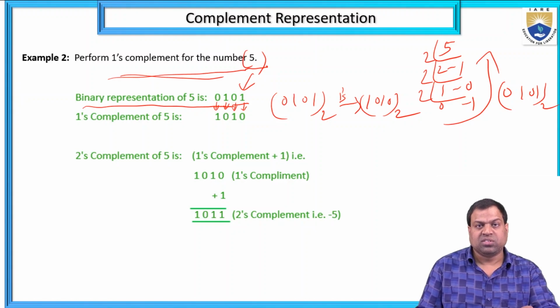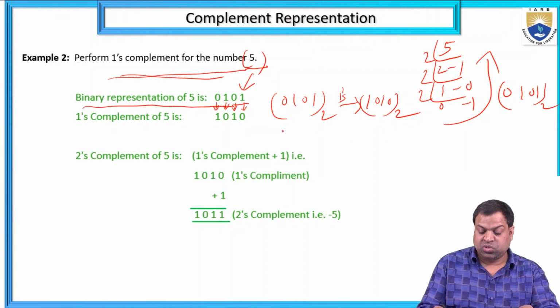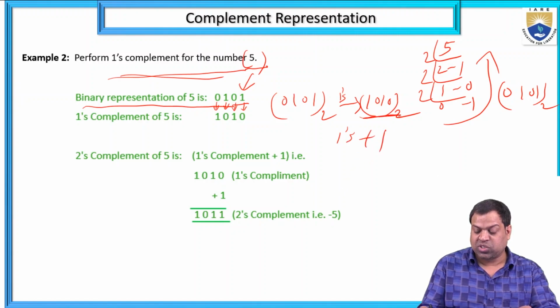Now for the 2's complement of this 5 value: 2's complement means 1's complement plus 1. We already performed 1010, that is the 1's complement.